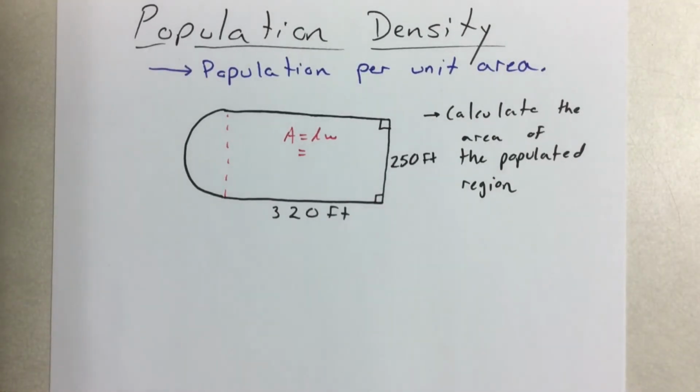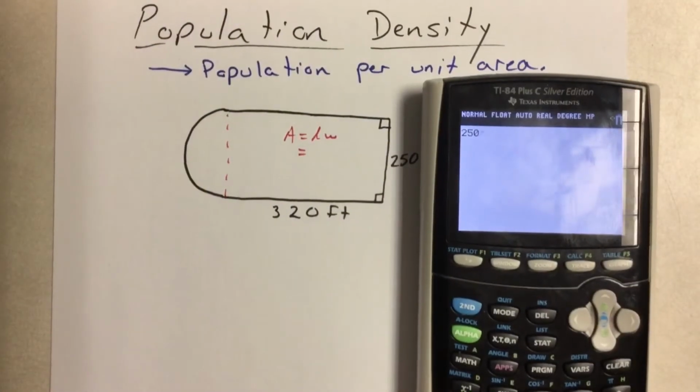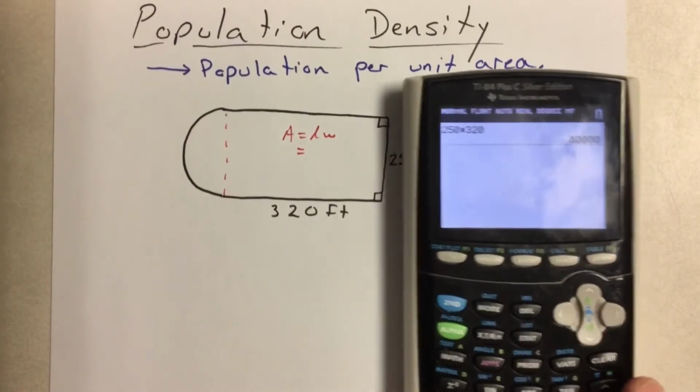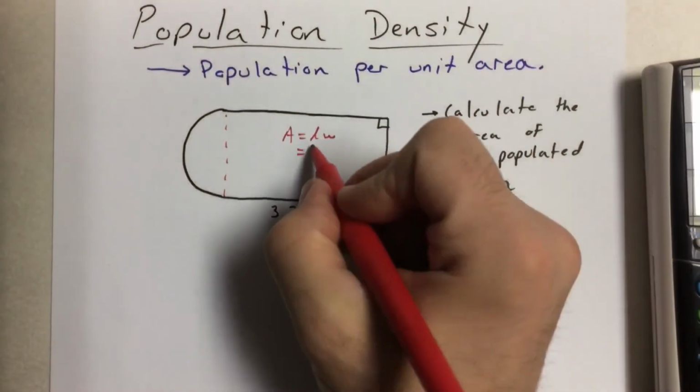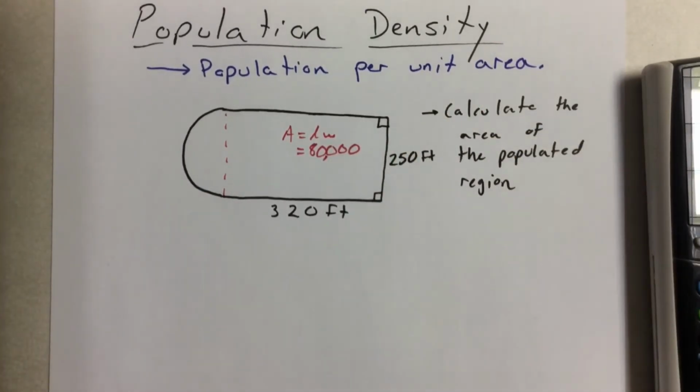Let's check that out. Sorry, not 800, but 80,000. So 250 multiplied by 320, and yes, 80,000. One of the common mistakes is just right away finding the incorrect area.